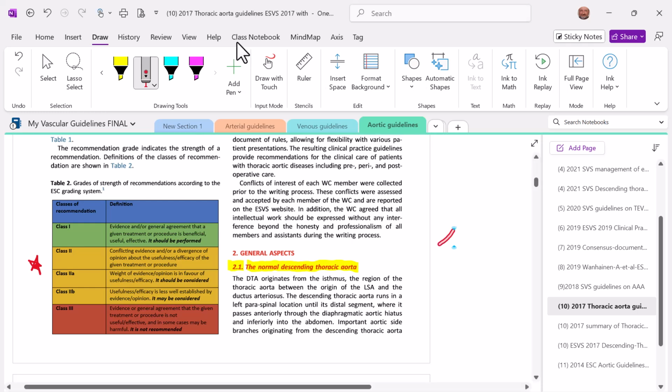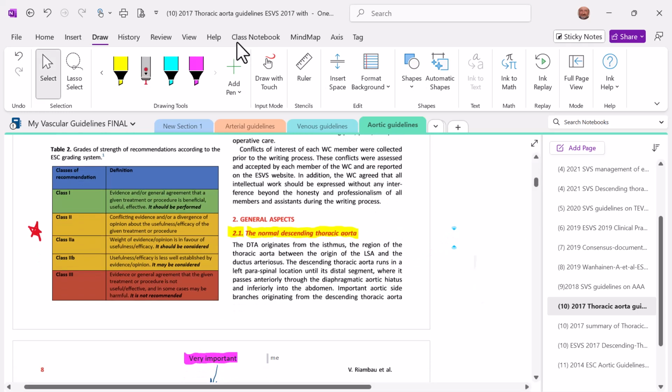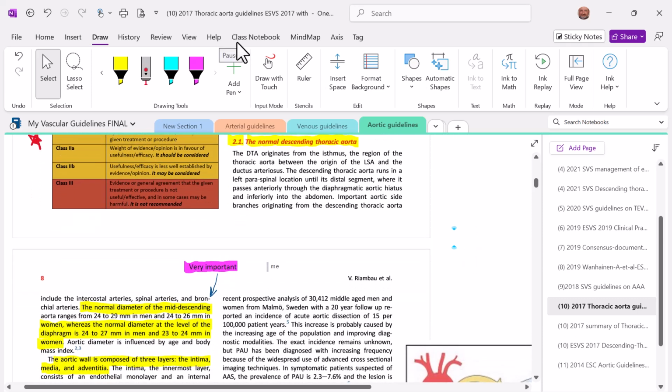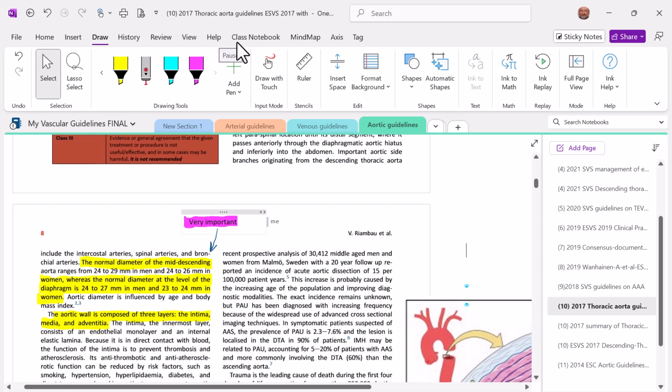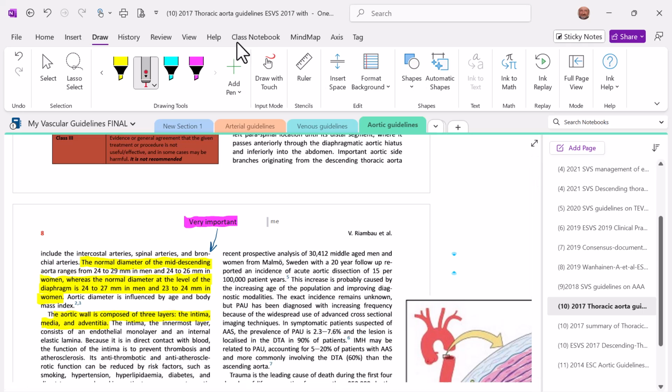This is an important question. What is the normal diameter of descending thoracic aorta? And here you can see it's a topic, and here I did put a mark, because this is very important for the exam and very important clinically. The normal diameter of the mid-descending aorta is between 24 to 29 millimeter in men and 24 to 26 millimeter in women.